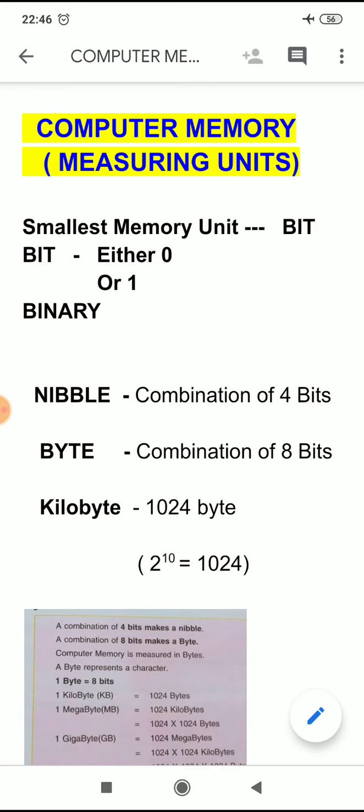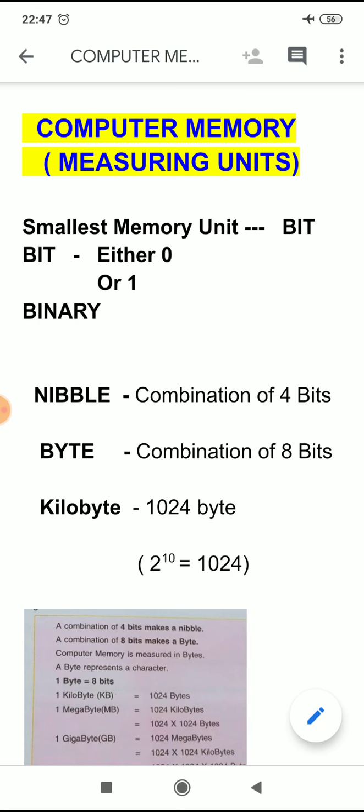Like 1000 grams makes 1 kilogram, 1000 meters make 1 kilometer. But in the case of computer memory, instead of 1000 it is 1024. Let us know the logic behind this.